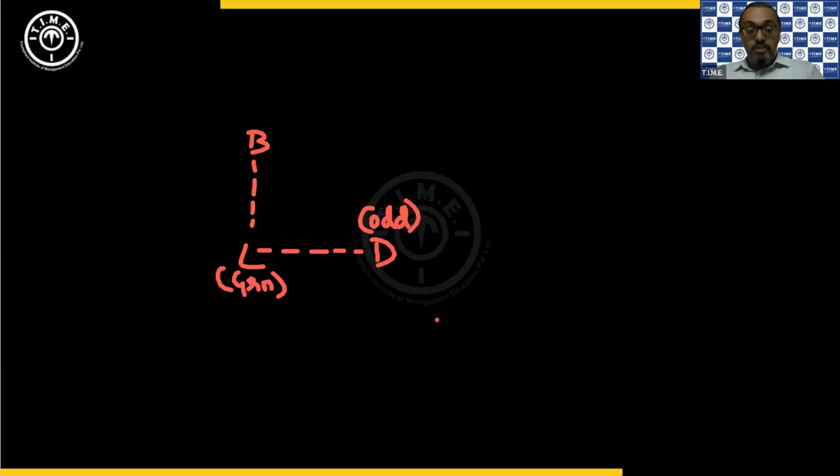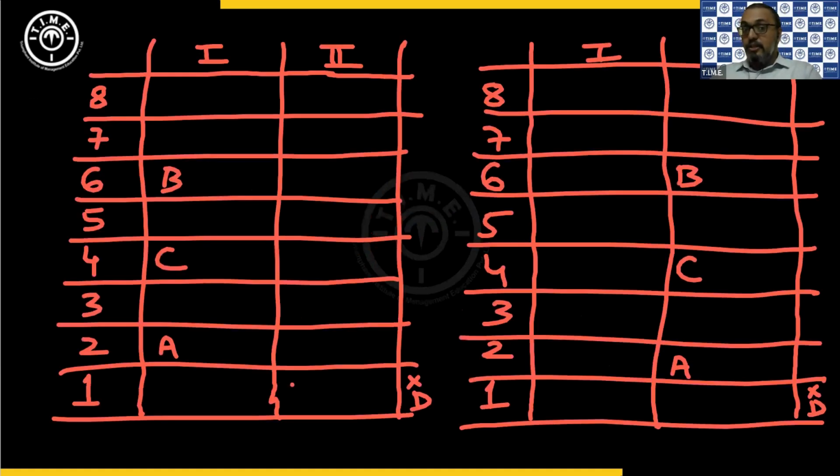So this is how you have to understand. B is there. L is placed below B. And you need to have D in an odd numbered position. See, I am giving you a possibility of a dotted line only on the right side of L. It could be on the left side of L also. Just for the sake of understanding, I'm giving you this. It could be on the left side or right side. Okay. Not just on the right side.